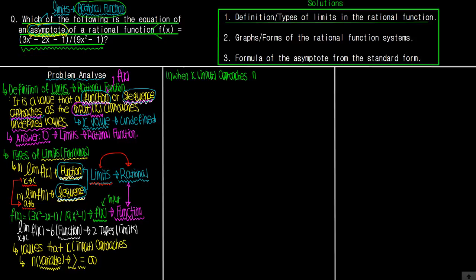When the n value is less than infinity, what will the formula be? Well, the formula will be the limit of x approaching a number that is less than infinity. This is how to show the x value's approach, and then we will have our function, which we'll notate as f of x.